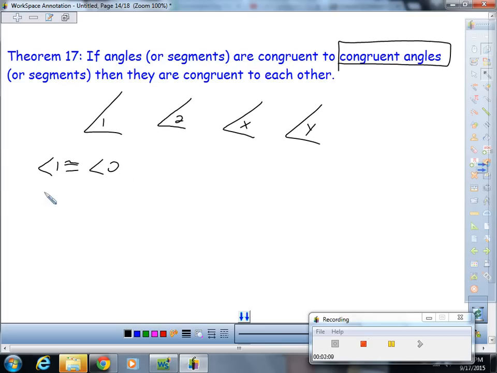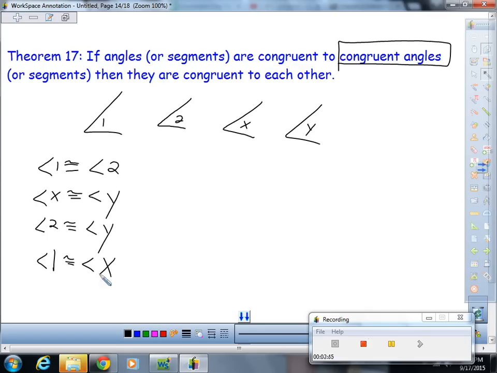and I know that angle X is congruent to angle Y, and I know that angle 2 is congruent to angle Y, if two angles are congruent to the same angle or to congruent angles, I can deduce that angle 1 is congruent to angle X. That's kind of like a transitive law involving two middlemen.